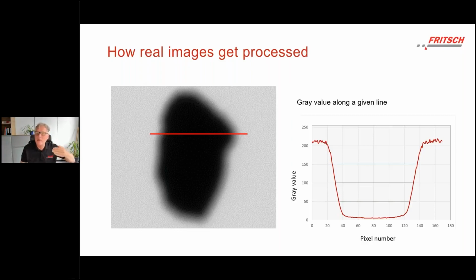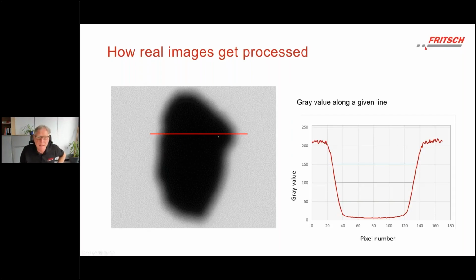But as soon as you are outside, as every photographer knows, out of the focus range of your camera lens, images get blurry, get defocused. And this one here is a rather defocused particle. But to explain the concepts we use to detect the corner of your particle, I think it's helpful to use a rather defocused particle.